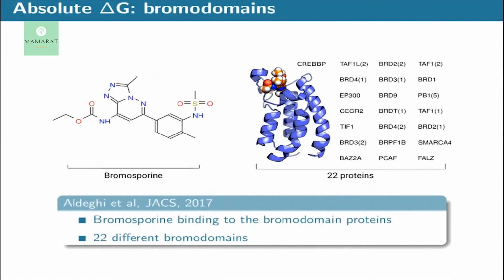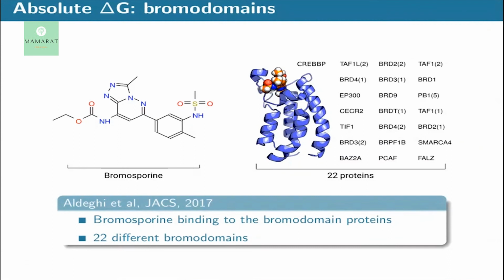Now, as a test of how well our approaches work, we can use a test system which has been collected by Aldeghi and colleagues. So in 2017, so several years ago, Matteo collected a set of 22 bromodomain proteins. Those are proteins that interact strongly with bromosporin, which is a ligand inhibiting those bromodomains.